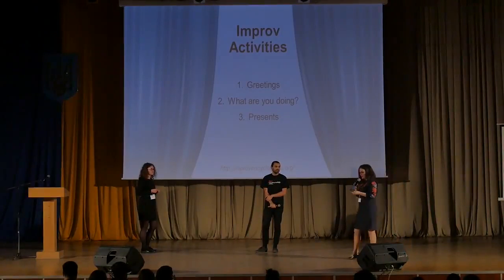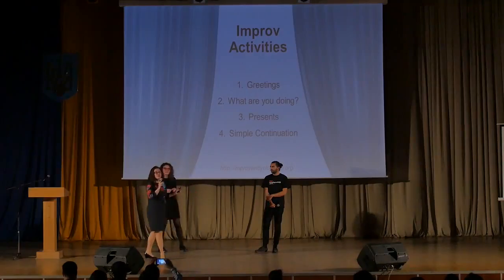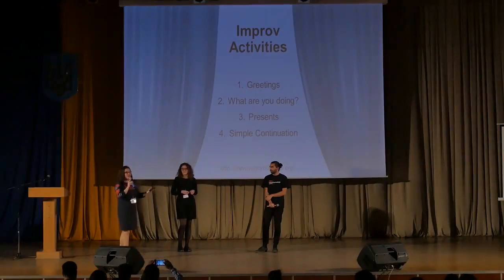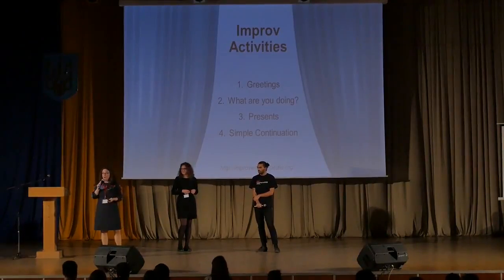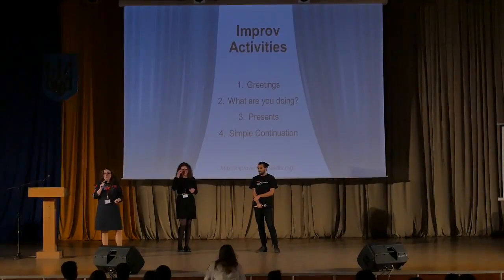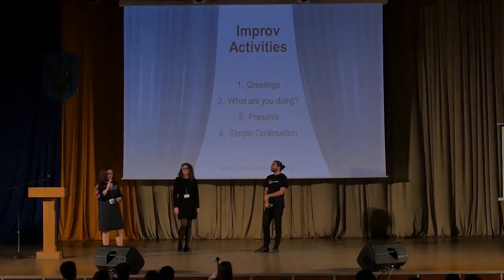And the last one I want to look at today is called a simple continuation. In a simple continuation, the students will get up in front of the class and have a conversation, and it's very open. But I like to do this one using prompts. So yesterday, I asked some of the volunteers here at TED to write down some prompts, and I have them here.